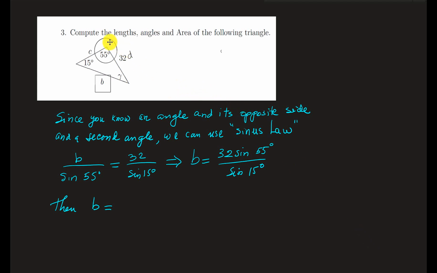Let's try to compute the lengths, angles, and area of the following triangle. Since we know one angle and its opposite side and another angle, we can use the sine law that says a side divided by the sine of the opposite angle is equal to the other side, which is known, 32, divided by the sine of the opposite angle.